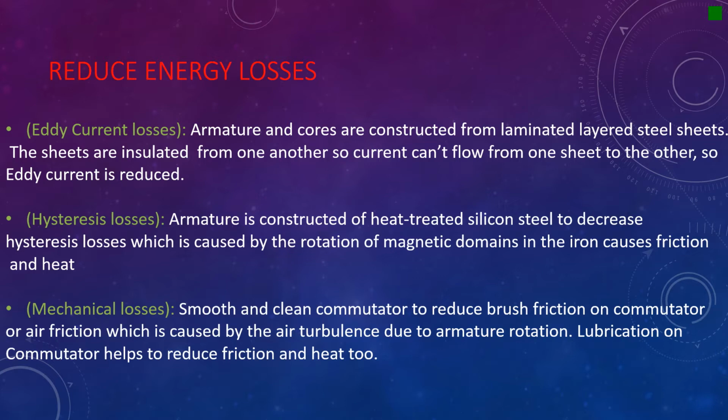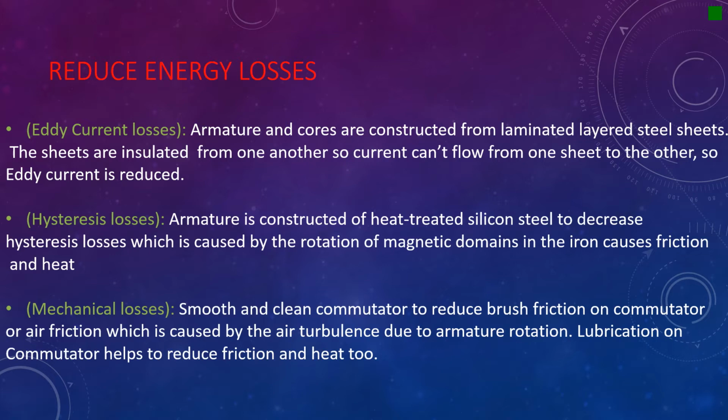The laminated sheets are insulated from one another, so that current cannot flow from one sheet to the other. And eddy current is basically the current induced in the armature, and this is caused by when the armature is turning, the EMF is also induced in the armature, so the induced EMF causes a current flow.